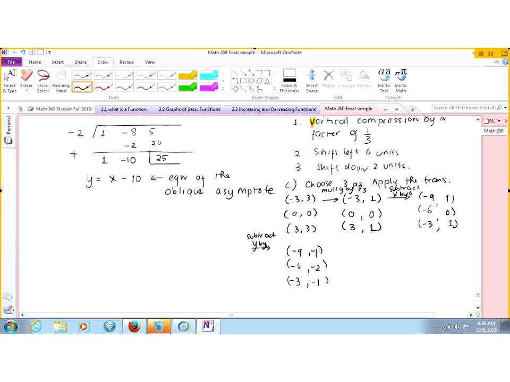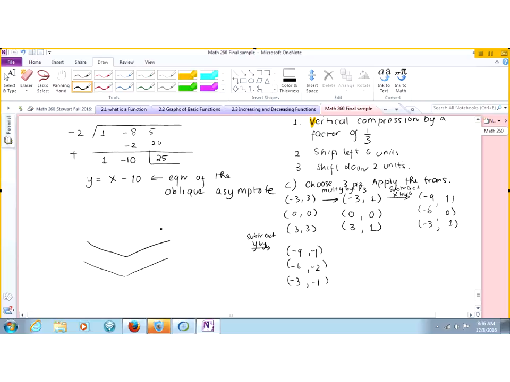So you think you could graph it? Doable? You have to have a V, right? It's just that the V will taper down a little bit because you did a vertical compression. So it's not going to be 45 degrees, but it will be tapered down, even though the shape has to be a V. Right?